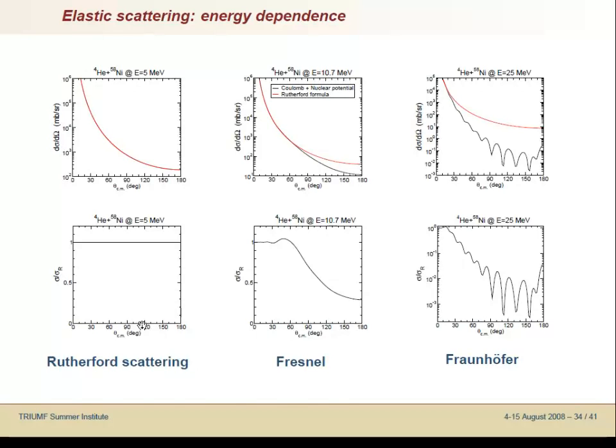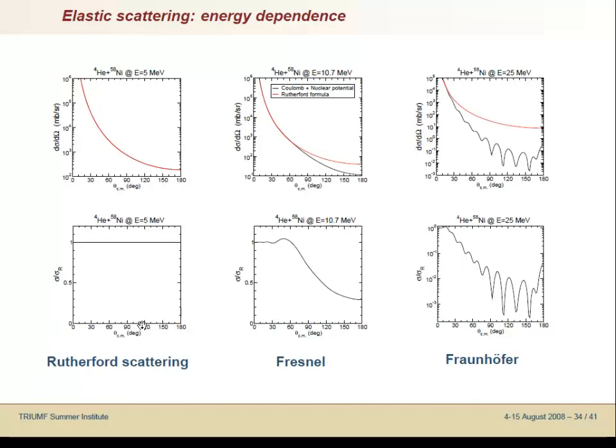This means that part of the incident flux will escape from the elastic scattering because of the imaginary part of the potential. That is why we get what is called a shadow region.